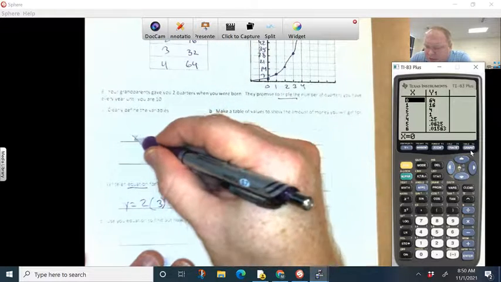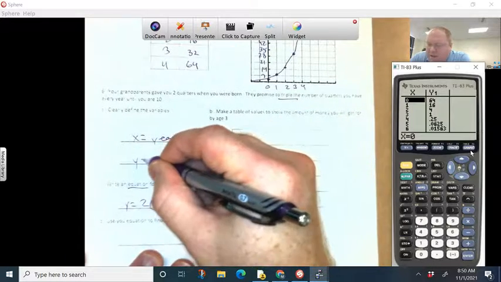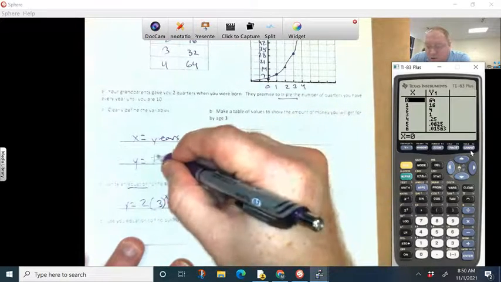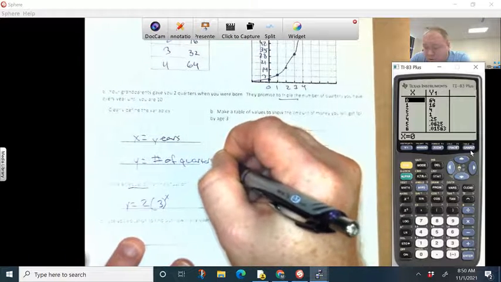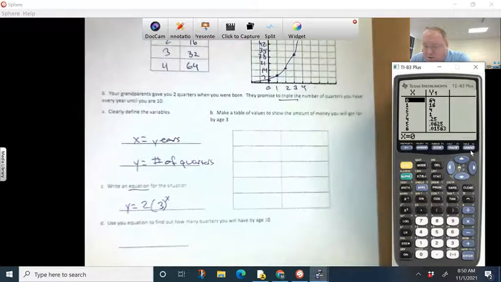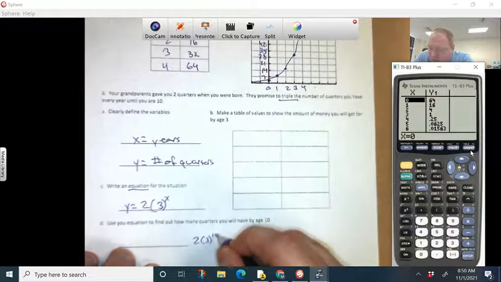So I'm going to say x equals years. Y is the number of quarters. So how many quarters will I have by age 10? Well, 2 times 3 to the 10th.